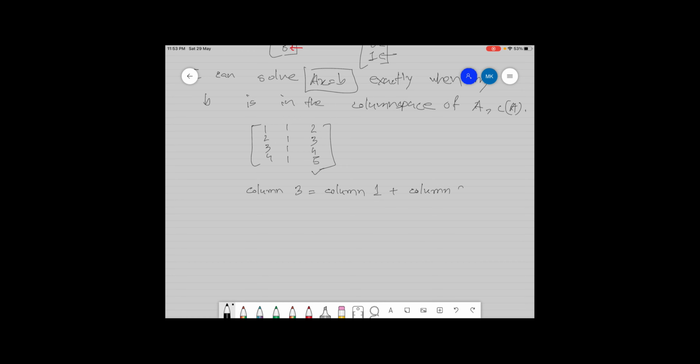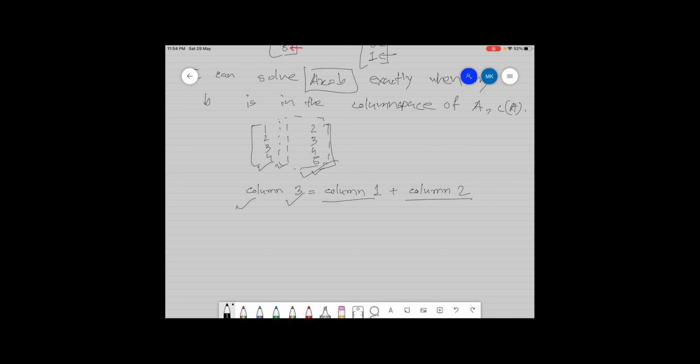Alright, so column 3 is not adding anything new to the column space. So the column space described by column 1 and column 2 is the same when column 3 is added. So you can definitely throw away column 3, or you can throw away column 1 if we take only these two columns, or we can also throw away column 2 if we take the first and the third column. Okay. So any dependent column can be thrown away when we talk about the column space.